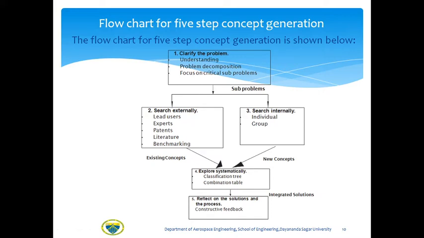So divide the problem into small problems and then look for solutions to the small problems, and the solutions to all these small problems will lead to your solution for the overall problem. Once you decompose, sometimes very immediate solutions are available for some of the sub problems, and for some problems you may not have the solution at all at that moment.